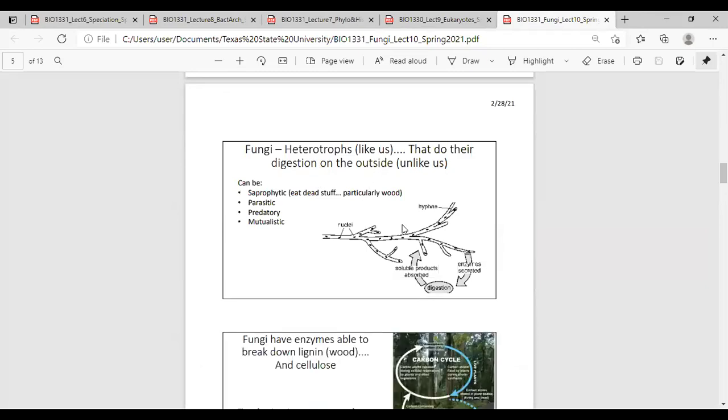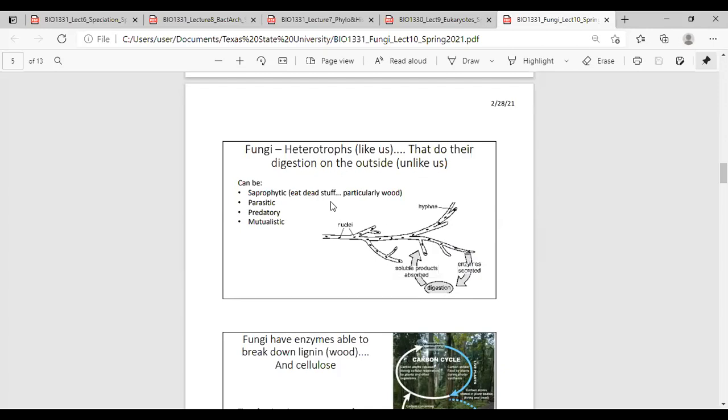Okay, so fungi get their nutrients because they secrete enzymes outside their body. Those enzymes then digest whatever they want to eat, and then they absorb the nutrients. They can be saprophytic, where they eat just the dead stuff. So they're on trees, they send the enzymes out into the wood, they digest the wood, and they absorb the soluble nutrients.